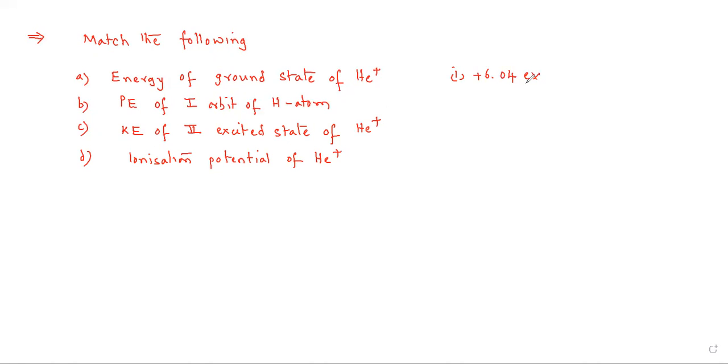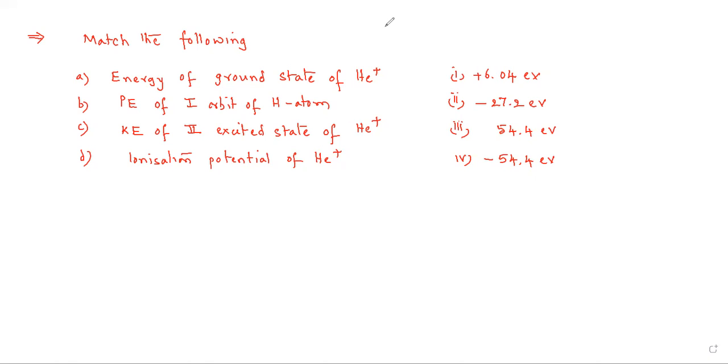In column 2, we have 6.04 electron volts. The second one is minus 27.2 electron volts. The third one is 54.4 electron volts. Then minus 54.4 electron volts. Okay. So this is what they have given.